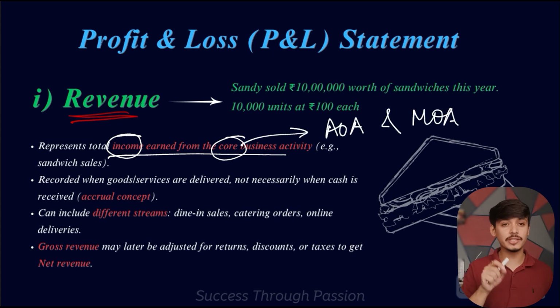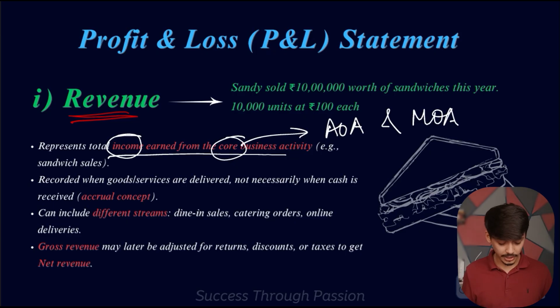Whenever you are registering your business, you have to define what your company will be doing to make money. In the P&L statement, when you record revenue, that entire income should be earned from the business activity mentioned in the AOA, that is Articles of Association, and MOA, that is Memorandum of Association, which is mentioned in your business filing.